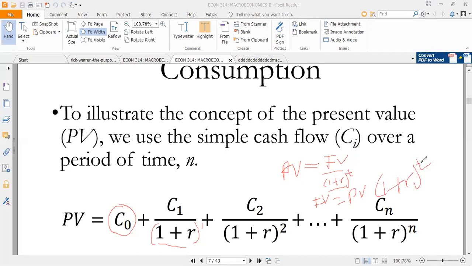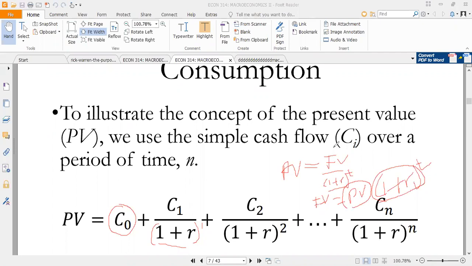So this is what we are saying: if you have 1 cedi today, it's worth more than 1 cedi in the future, because when you save your 1 cedi, you are able to earn interest on it by the time you enter into the future.